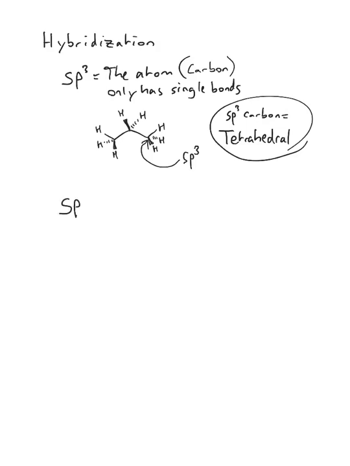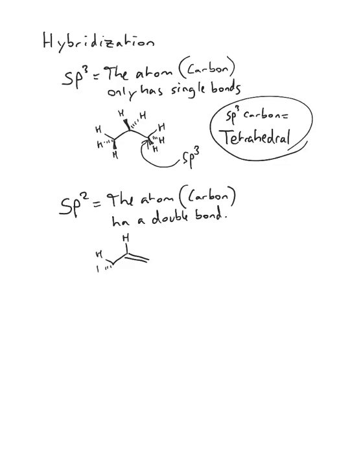Alright, we then have sp2. This is when the atom, once again we're going to focus on carbon, has a double bond. For example, in this case, these 2 carbons here are sp2, and this one here is still our friendly sp3.